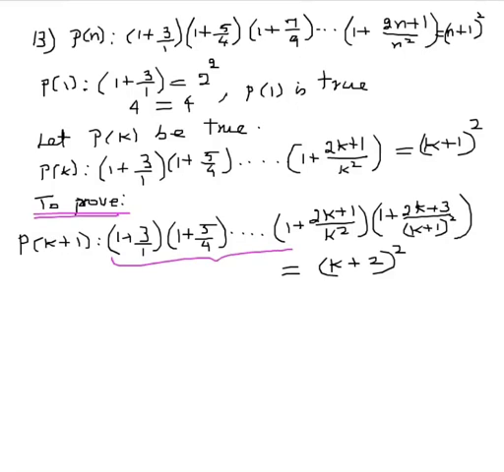Now product of k terms we know from P of k result. So by P of k, product of first k terms is k plus 1 the whole square into k plus 1th term is this.